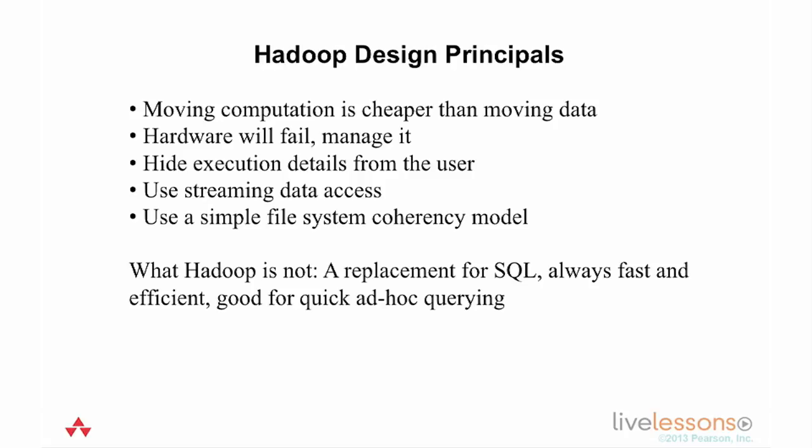In a similar way, Hadoop tries to hide the execution details from the user. The MapReduce process actually does this in a very interesting way, and we'll cover this a little bit more later.